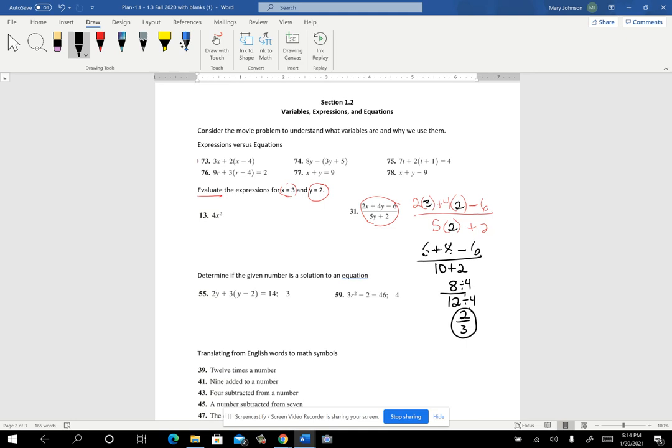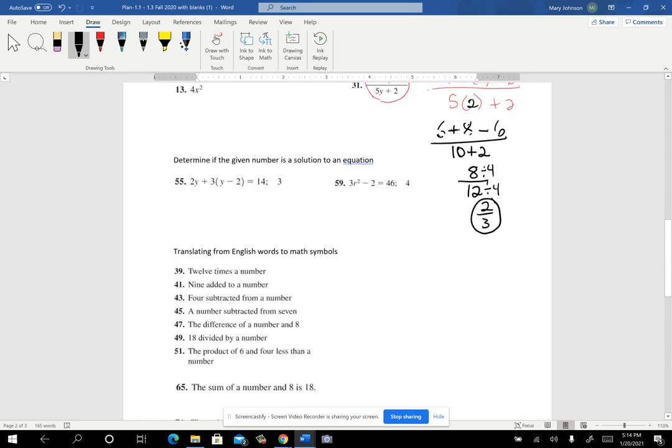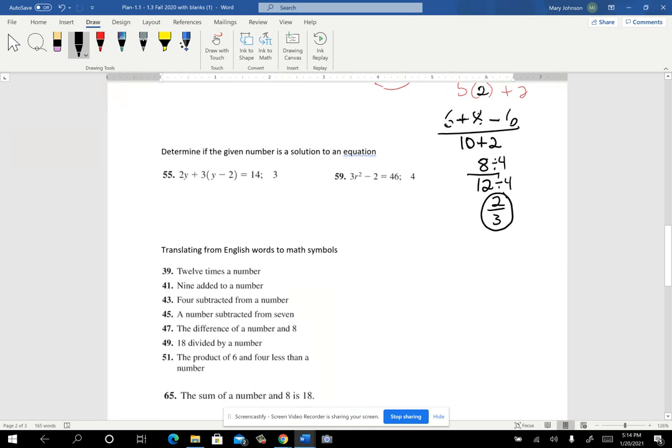Okay, all right, then you see here we've got problems where we're trying to determine if a number is a solution to the equation. Okay, so for instance, on number 55, we're trying to find out if 3 is a solution, which means does 3 work when you plug it in for the y so that the left side would also equal 14 like it's supposed to.